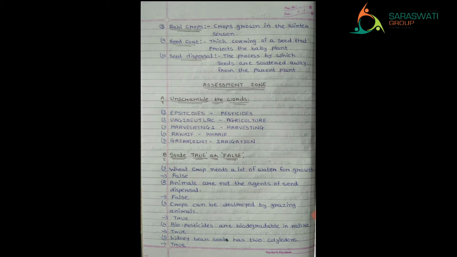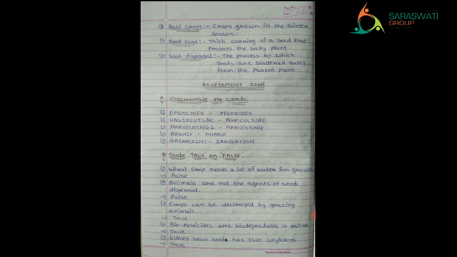Now kids, what is the answer? It is pesticides. Pesticides, right? Same way, second, third, fourth and fifth, right? Try out and write the answer. Okay, it is very easy for you.